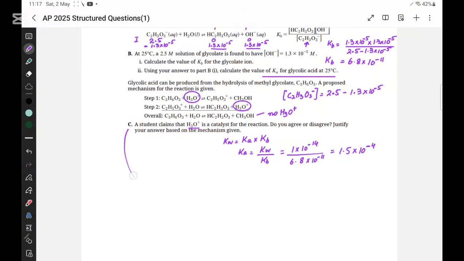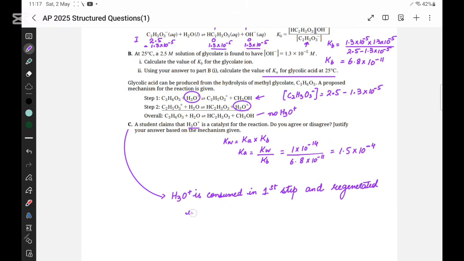And how are we going to write the explanation for part C? H3O positive is consumed in first step. You can see it is consumed in first step and is regenerated in second step.